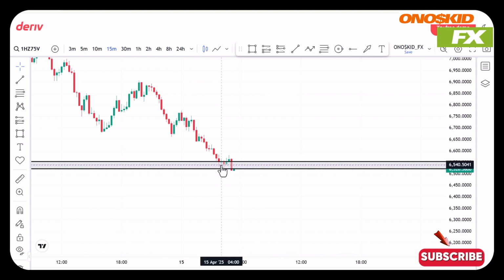You can see this massive rejection from here, although we have this which counteracts the effect of this rejection. But let's see the next candle. If I see the next candle close below here, then this POI is already invalidated.